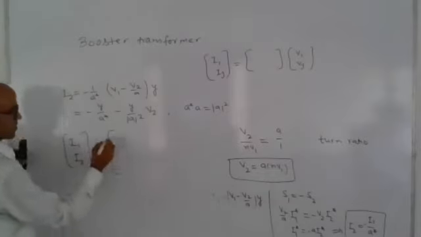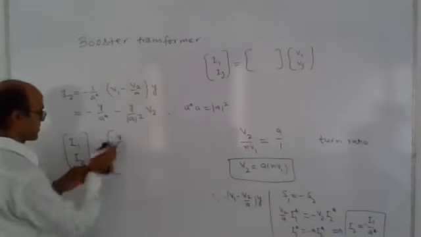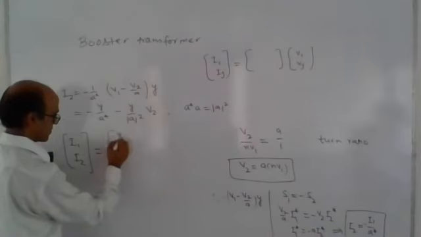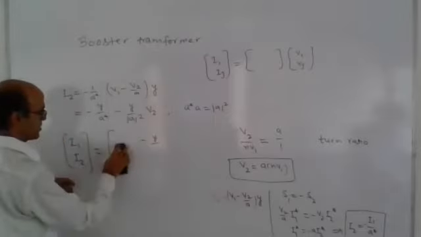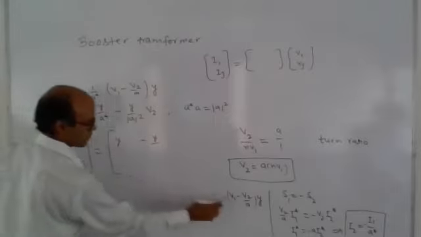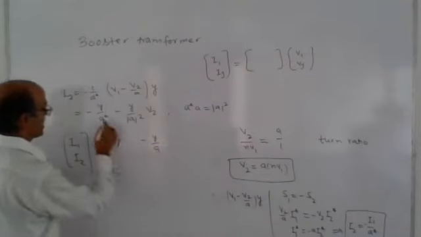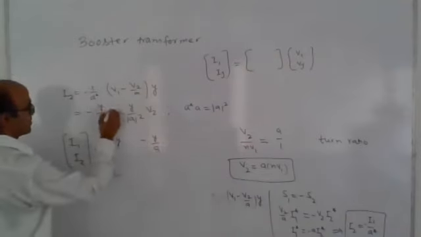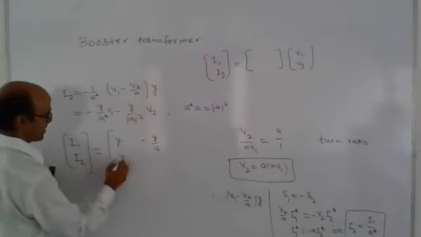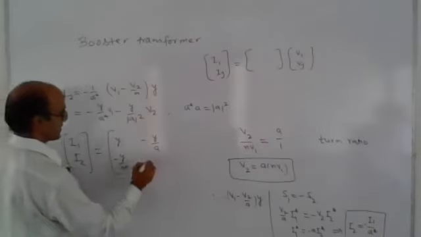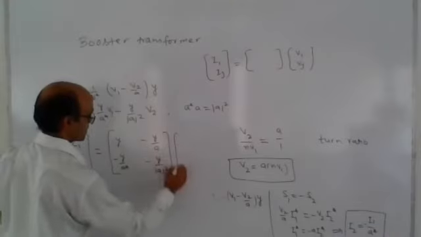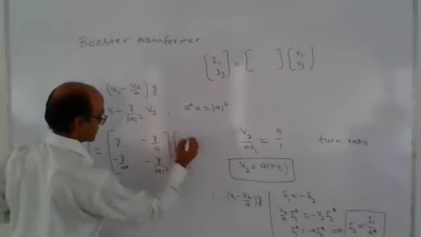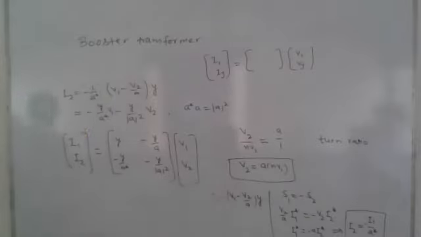I1 is Y by mod A square, minus Y by A. This is V1 also. Minus Y by A conjugate, and Y. In this way, we can find the Y parameters.